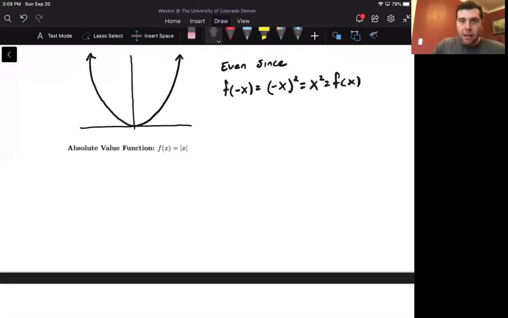We have our absolute value function. Again, this is going to look exactly like how you would expect. It's going to look like the graph of an absolute value function. And it functions in the way that you expect. F of -1 is 1. F of 1 is 1, because we're just taking the absolute value of whatever you plug in.